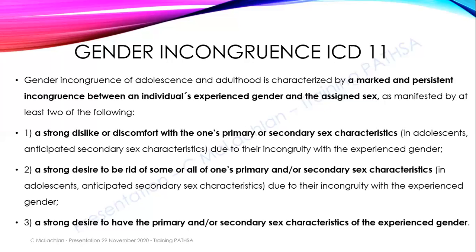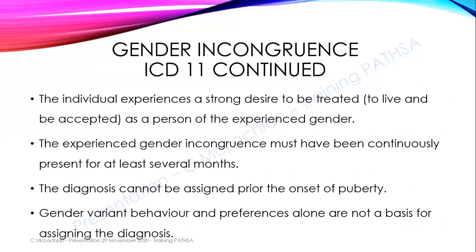And then thirdly, a strong desire to have the primary and secondary characteristics of the experienced gender. Again, all of the characteristics, but it could be some. So, for example, we know that most trans men would like to only have a flat chest, so to remove their breasts, but they might not want to have bottom surgery where a phallus is created.